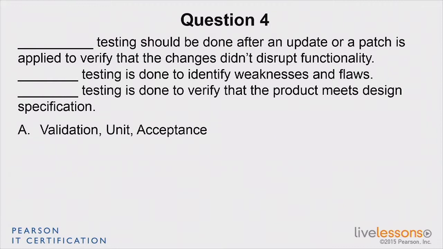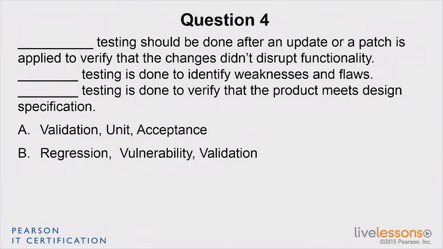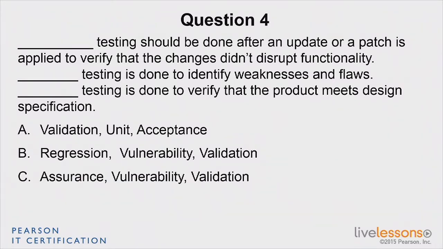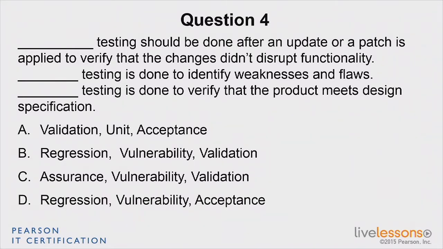So assuming that you've gotten that one, we're going to keep that in mind as we're looking through our answers. Our four answers here are validation, unit, and acceptance; regression, vulnerability, and validation; assurance, vulnerability, and validation; and regression, vulnerability, and acceptance.